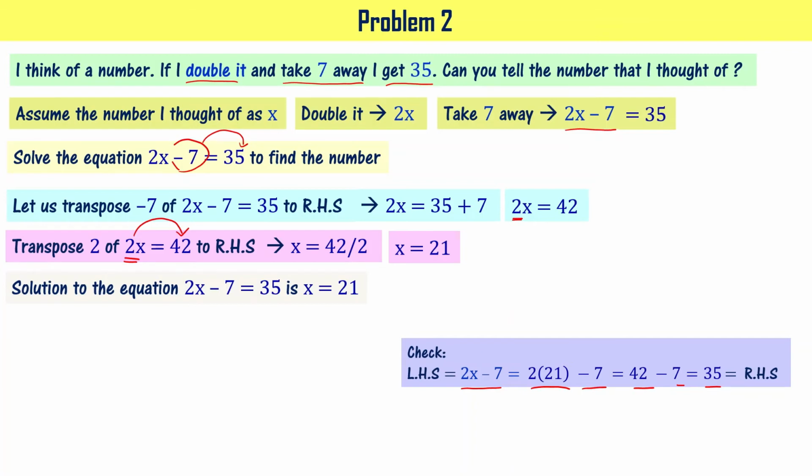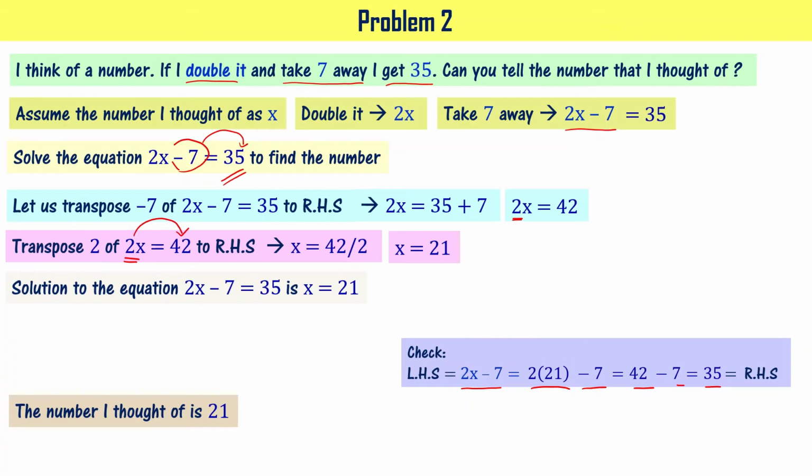So that is exactly what is RHS of the given equation, right? Since LHS equal to RHS, I can say that 21 is the solution for this particular equation, or otherwise whatever solution we got, that is correct solution only, right? So now you can say that the number I thought of is number 21.